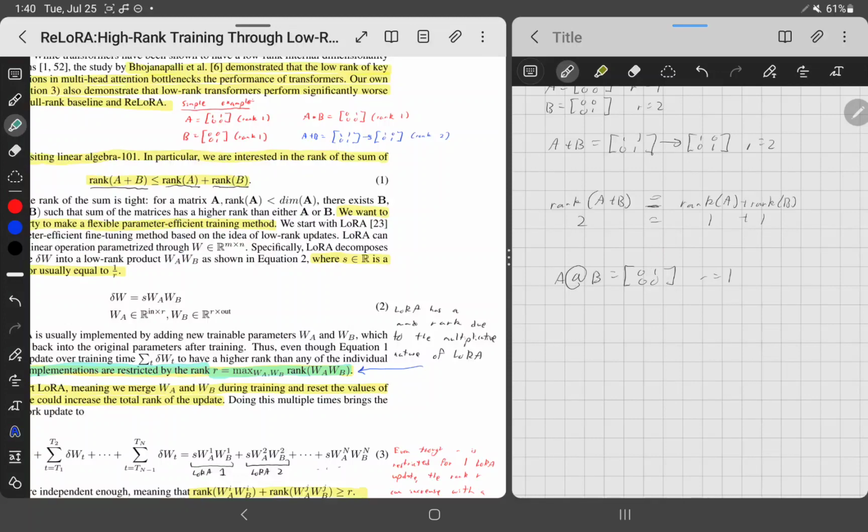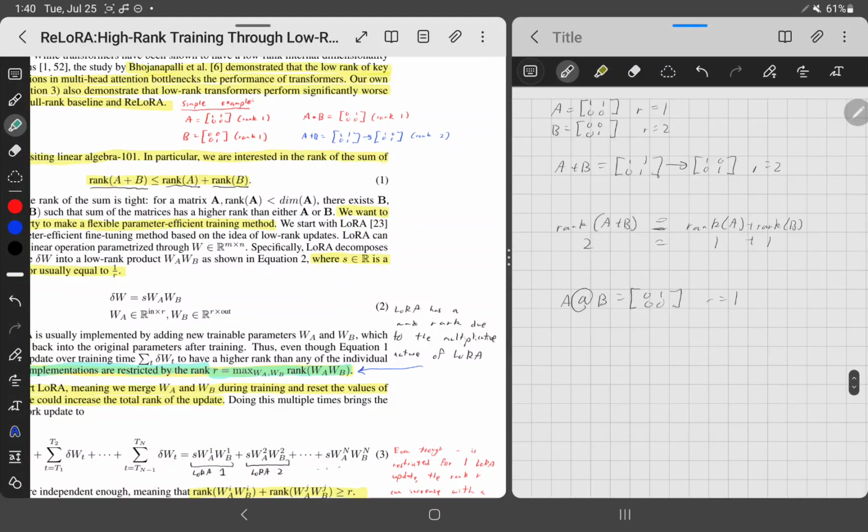And this is the case for all matrices. If you multiply them together, the rank cannot be higher, but if you sum them together, the rank can be at most the sum of the ranks of the individual matrices. This is the property they want to leverage.